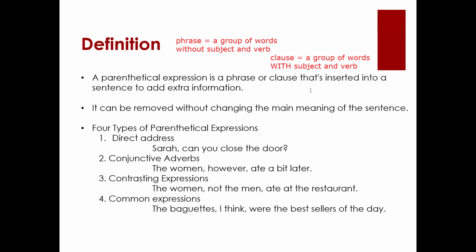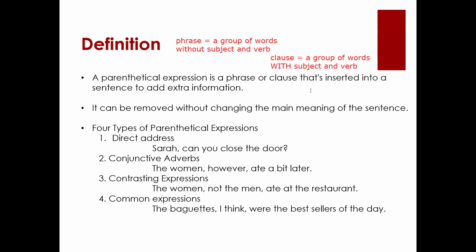Now, they're also referred to as non-essential, sometimes non-restrictive information because they're not needed to understand the basic meaning of a sentence. So we can kind of think of them as interrupters or add-ons to a sentence.